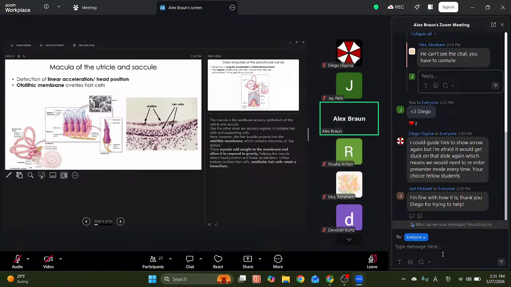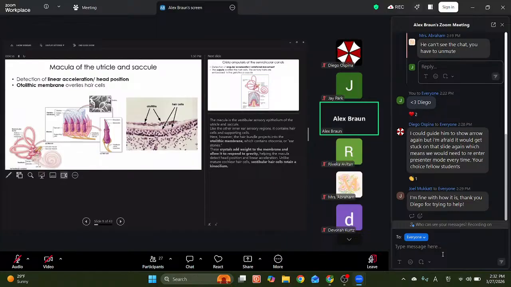Overlying that is a gelatinous membrane, sometimes called an otolithic membrane because contained within it are these calcium carbonate crystals called otoliths. Here you see the darker staining bluish material. These are the otoliths, which are embedded in the otolithic membrane of the macula of the utricle and saccule. That is the only place where you see an otolithic membrane.